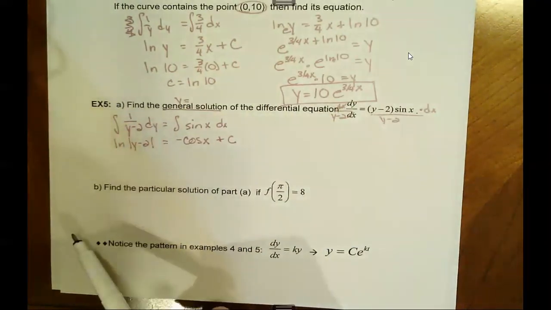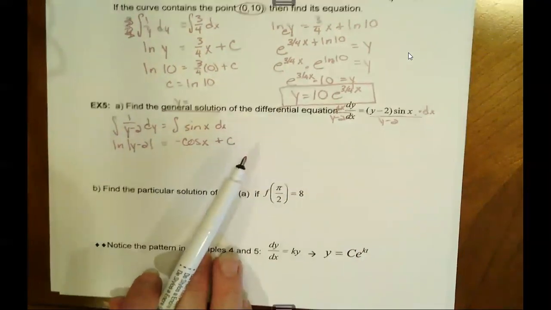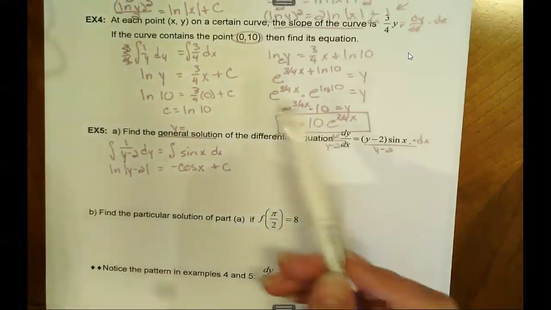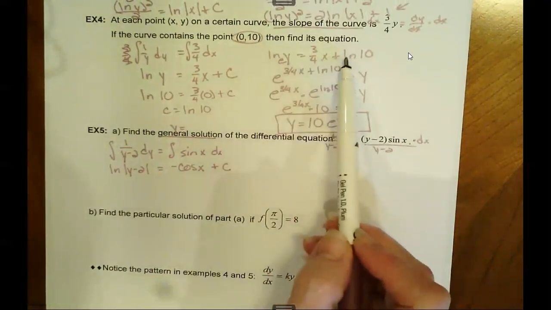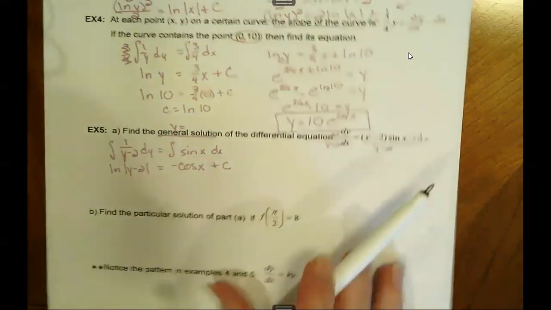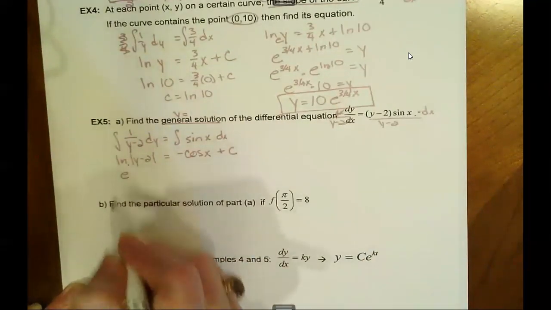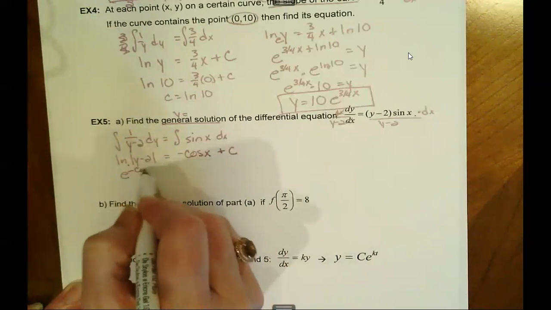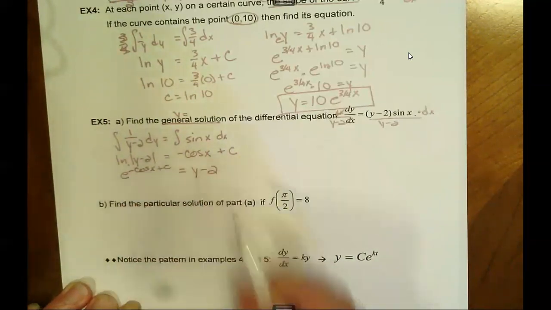So we need to finish this out, like we did in the problem above. When we got to this point, we put e to this power equals y. So we're going to have e, base e, to the negative cosine x plus c power equals y minus 2.